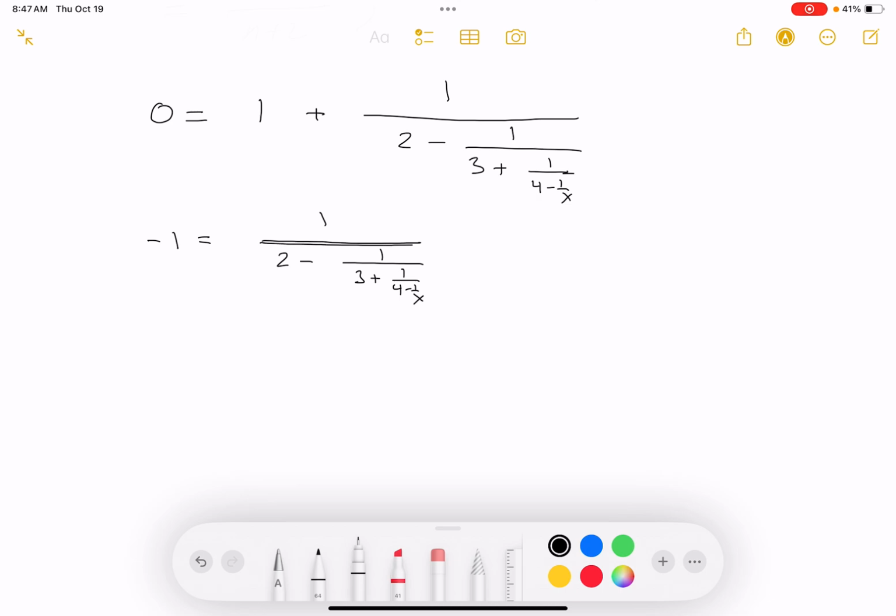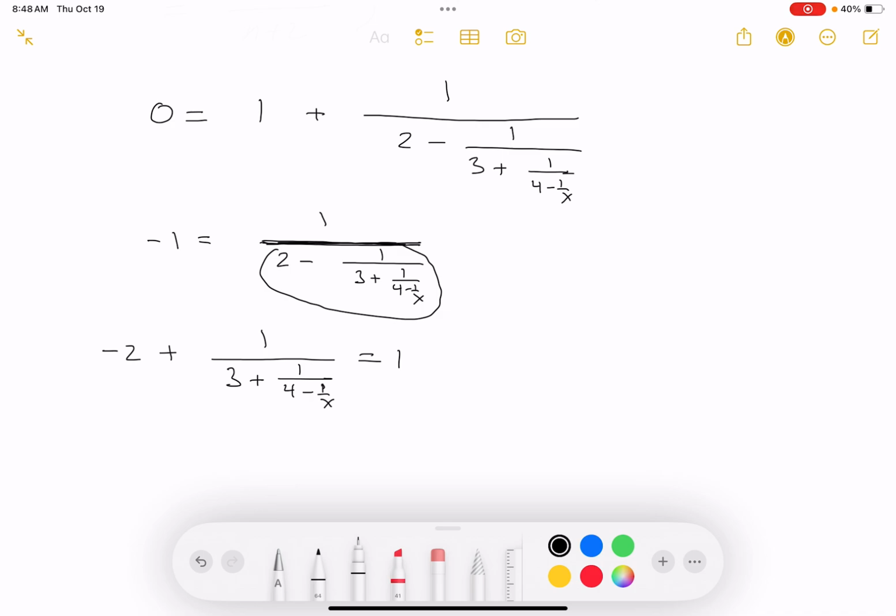It's kind of painful to look at. Oh boy, what are you going to do there? Well, a lot of things you could do. I'm going to multiply both sides by this. You're going to get minus 2 plus 1 over 3 plus 1 over 4 minus 1 over x is equal to 1.